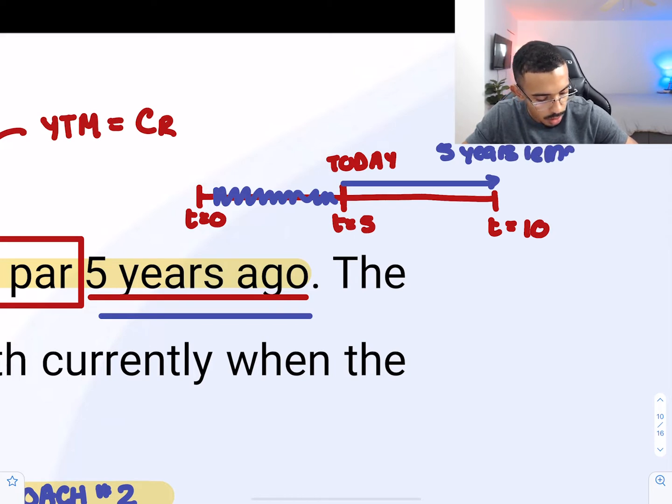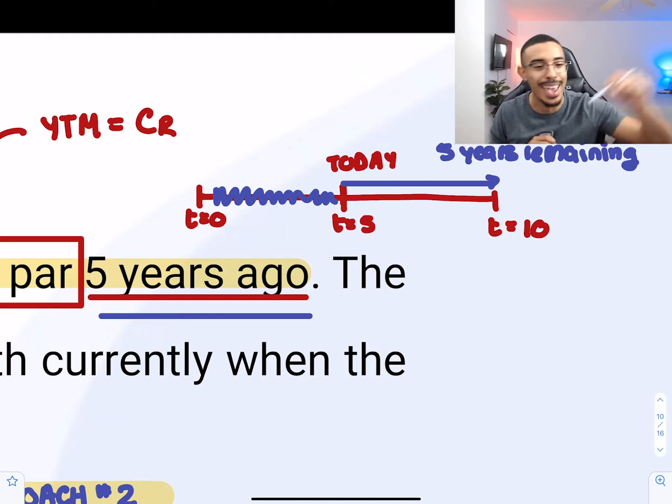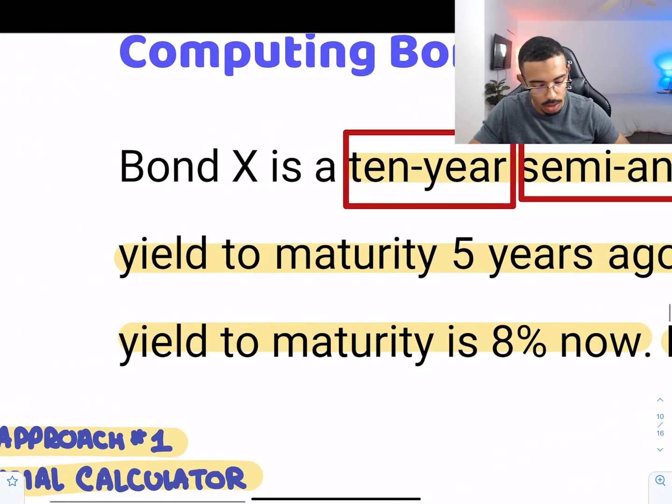This is the only simple curveball they're throwing at us, all right? So essentially, this just means that the lifespan of the bond, when we plug this into our formula or our calculator, is 5 years from today. We're not going to be looking at 10 years, all right? Really important to consider.